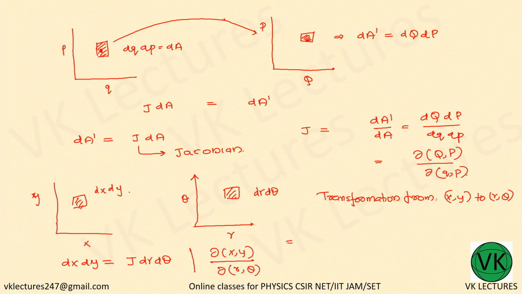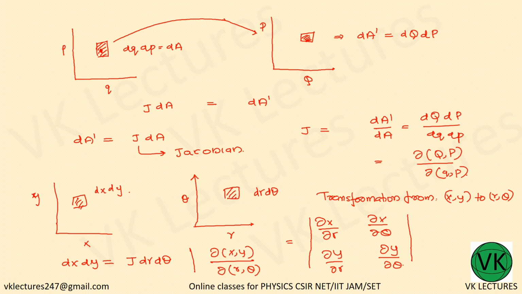Now that's equal to the determinant of dou x by dou r, dou x by dou theta, dou y by dou r and dou y by dou theta. So this is the Jacobian we need to get.